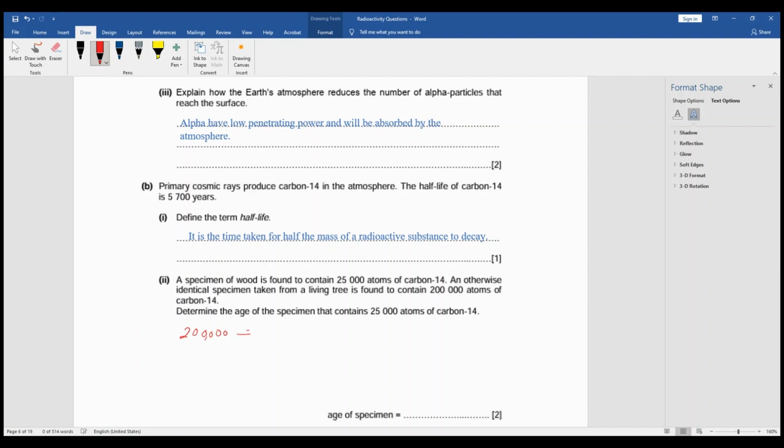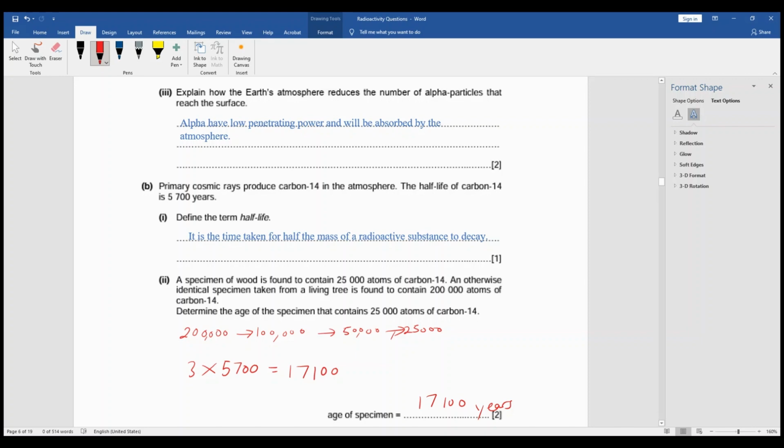So we want to see how many half-lives we have actually gone through. So this is one half-life, this two half-lives, and then we reach here three half-lives. So three times the half-life of carbon 14. In this case, they say it's 5,700, and we'll get 17,100 years. Remember to write in the unit, years.